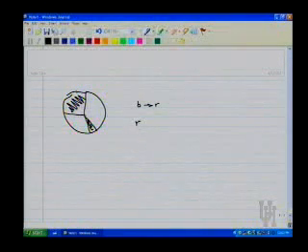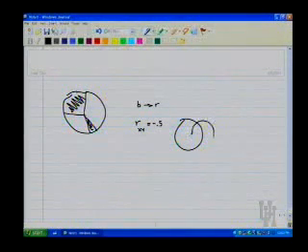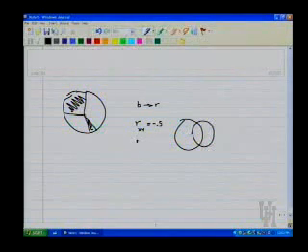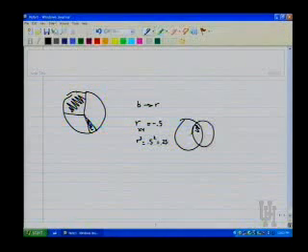That is, if the correlation between X and Y is minus 0.5, then the amount of overlap between X and Y is R squared, which is 0.5 squared, which is 0.25. That is, 25% of all of the variance in X and Y is shared.